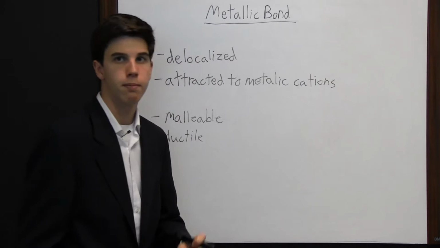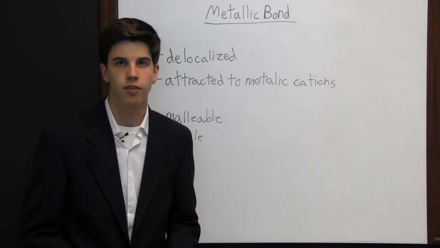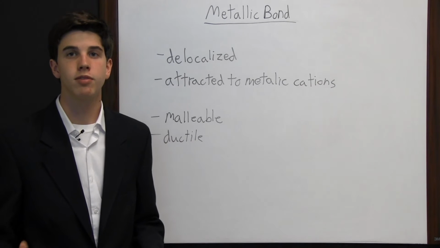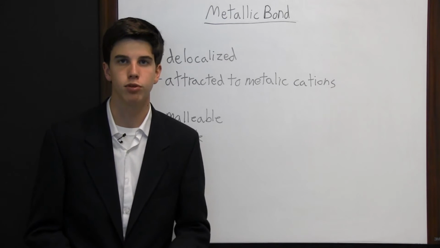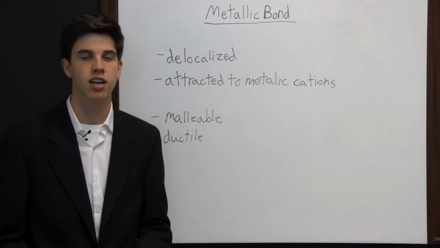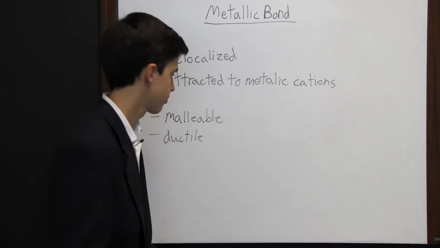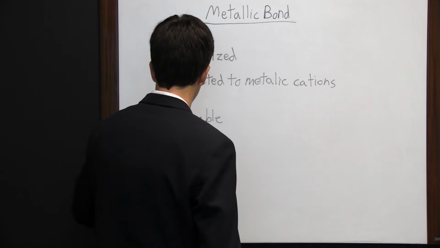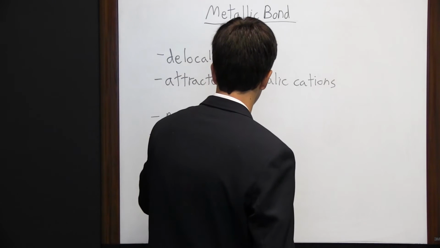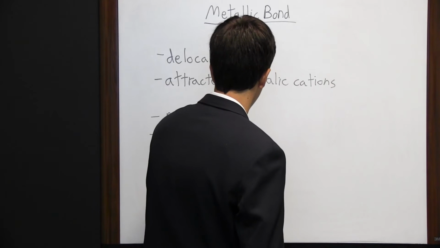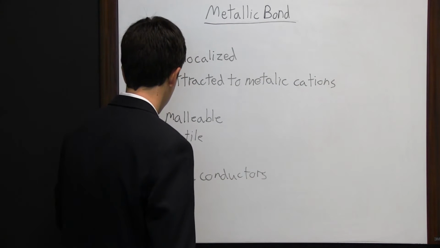So in addition to being malleable and ductile, metals have varying melting points from low to high. And the sea of electrons moves freely and conducts electricity, so metals are good conductors. So I'm going to write good conductors. We also said they have variable melting points.